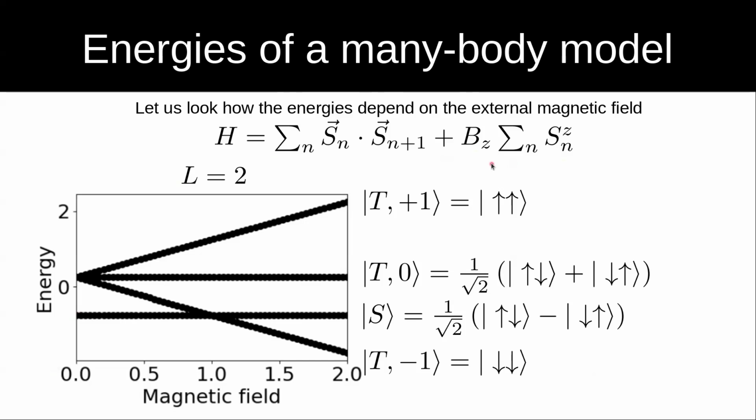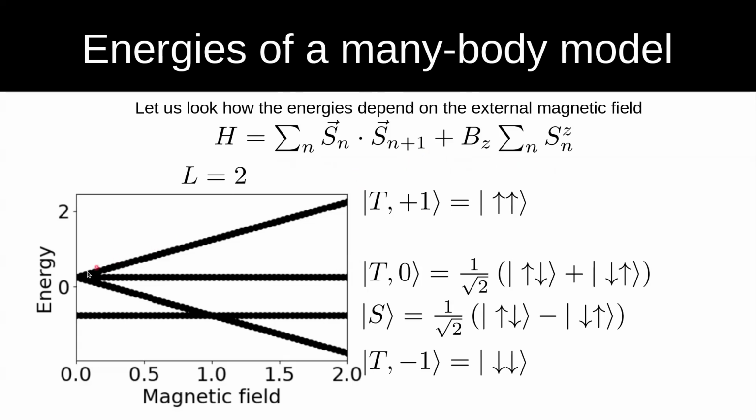Something important to note is that this Hamiltonian actually commutes with the total spin operator, and what this means is that the eigenstates of this Hamiltonian are the same as the eigenstates of this full Hamiltonian. So we are not creating any sort of mode mixing by adding a magnetic field, but we are just splitting the eigenvalues of the Hamiltonian.